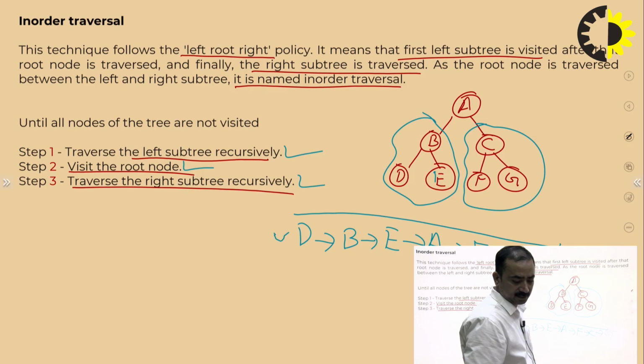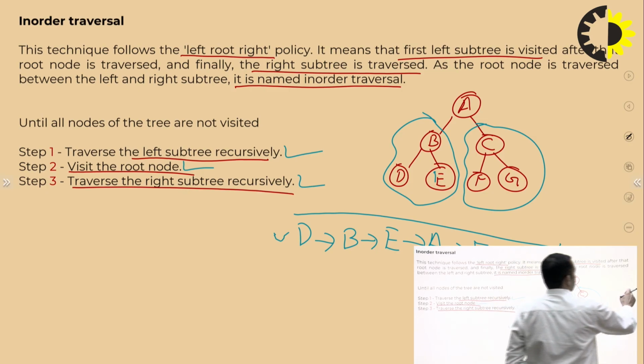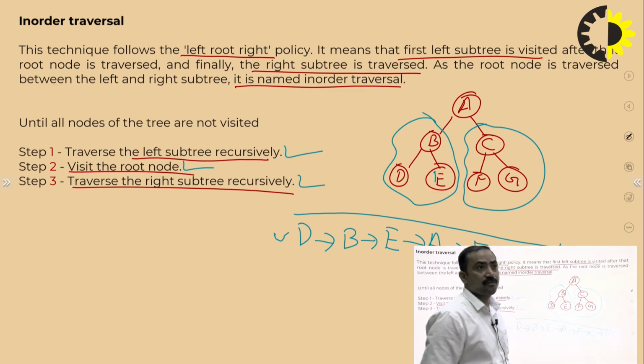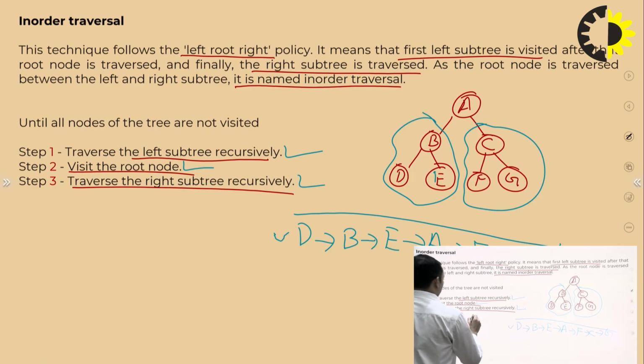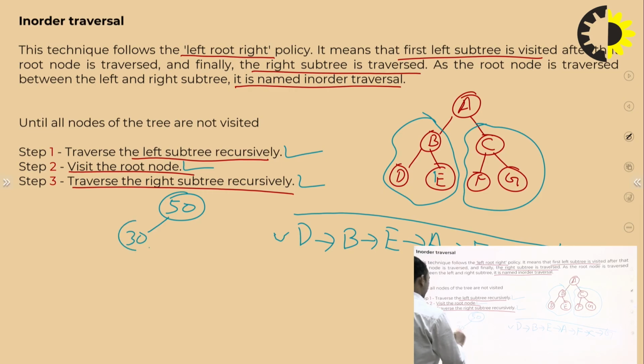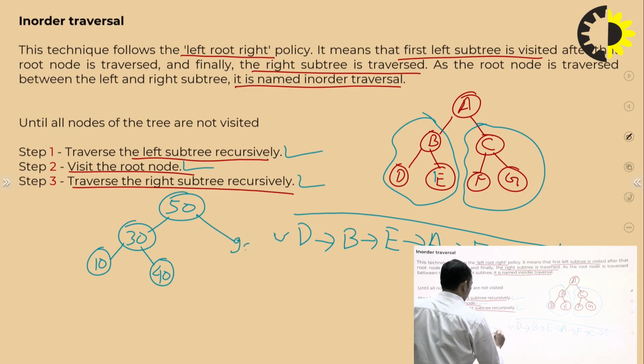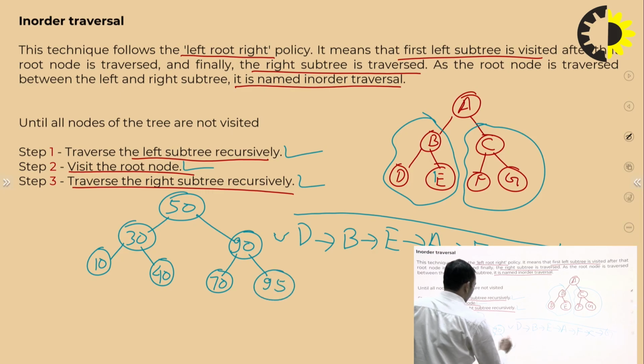As we discussed the application of in order traversal in the case of a binary search tree, suppose we have a tree like this: 50, then 30, then 10, 40, then 90, then 70, then 95.